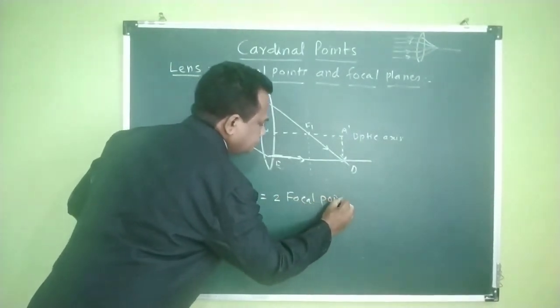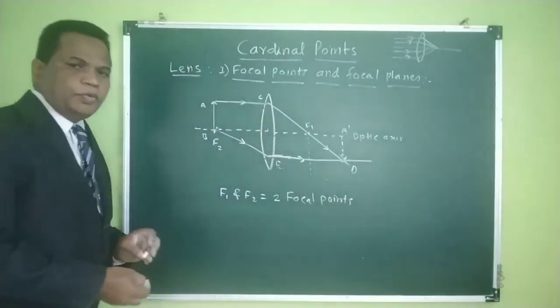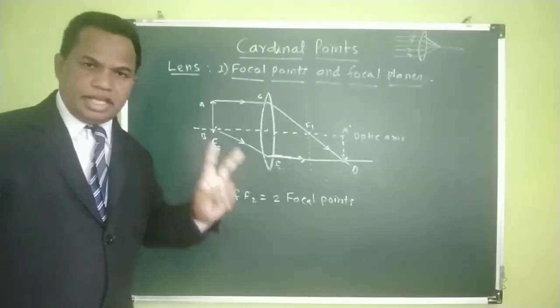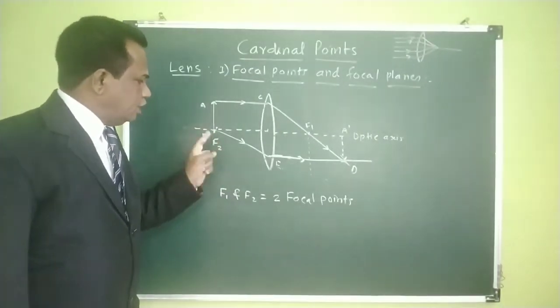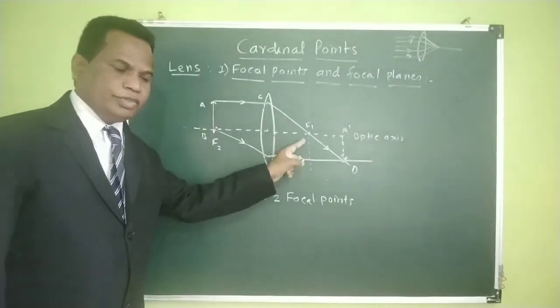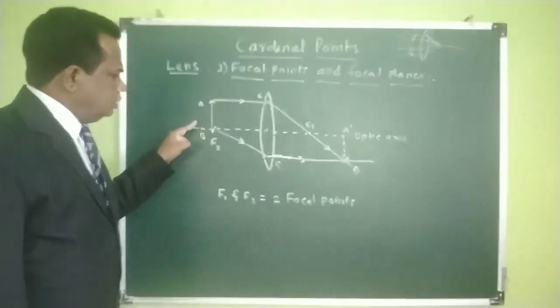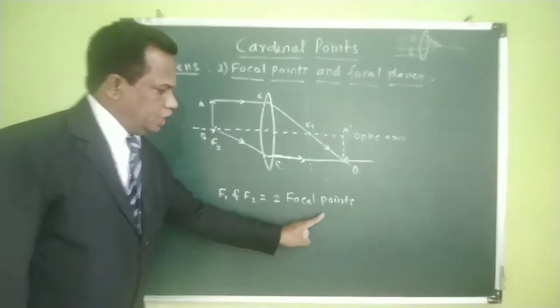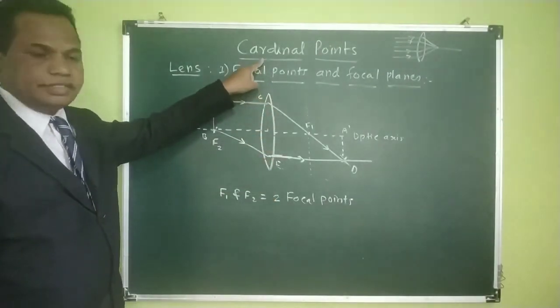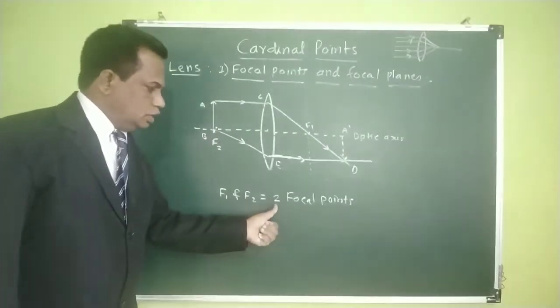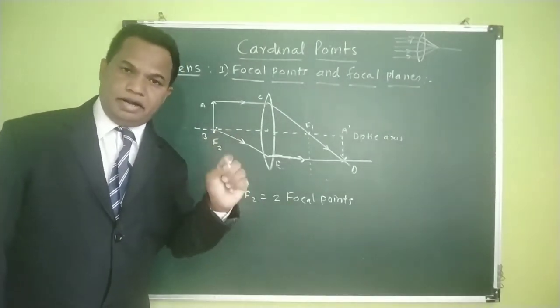These focal points are on the optic axis. These two points are called cardinal points. So two focal points are cardinal points.